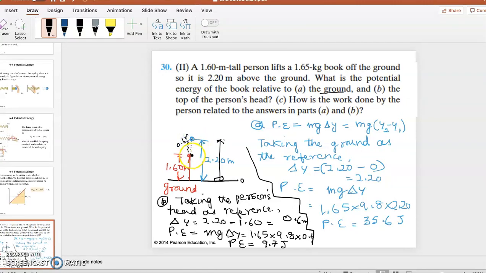So mgh with reference to the person's head is simply, let's see here the number. The potential energy with respect to the ground is 35 point something joule. With respect to the person's head is only 9.7 joule. You can see two completely different answers. So you have to always pay attention to what reference point the question is asking.